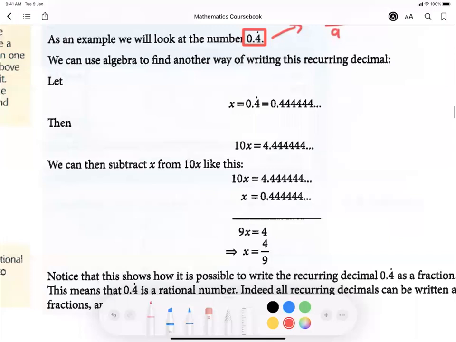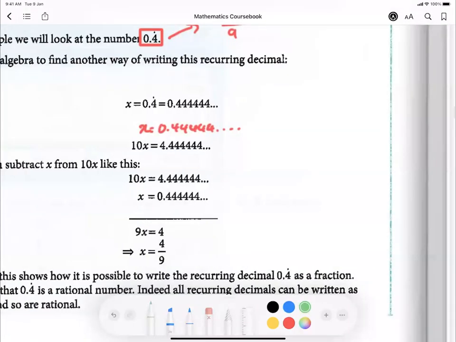In the beginning, we are going to let x be equal to 0.4 with the dot on top of 4, so 0.444444. I'm just going to write it out like this. So x is equal to 0.444444. In my opinion, I'll just show it on the right hand side here.